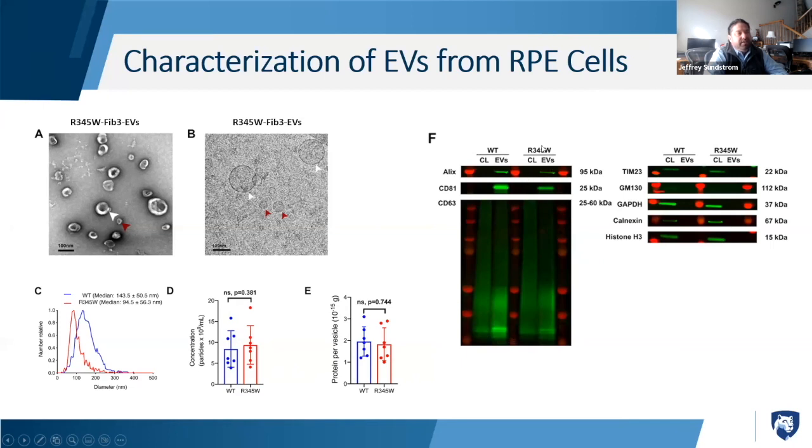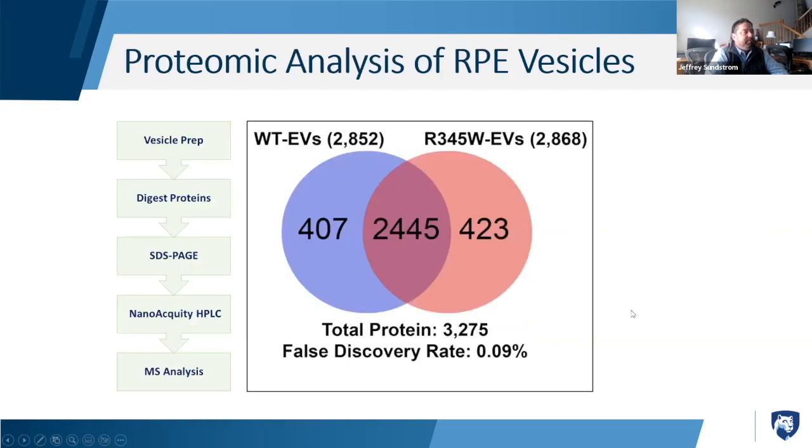What's interesting to us is that when we express the mutant, the vesicles that are secreted look to have a reduction in the classic ESCRT machinery that secretes classic 100 nanometer size exosomes. And on the right, you can see just some negative controls, again, just verifying our EV prep.